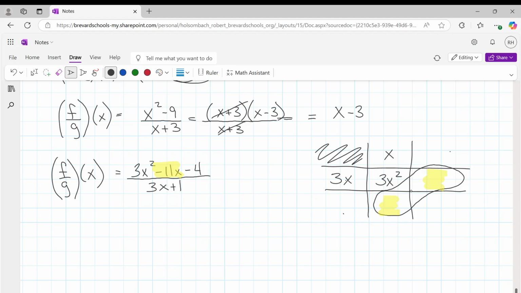So here's how this works. If we have to get to a -11x, and we're looking at factors of 4, I'm going to put a 4 up here. And 4 times 3x is 12x. Now I need the other factor of 4, which is 1. And 1 times x is x.